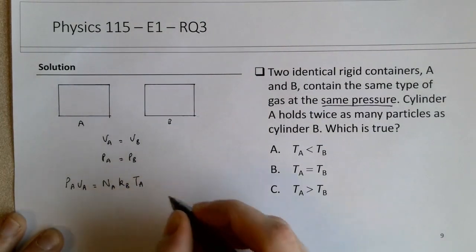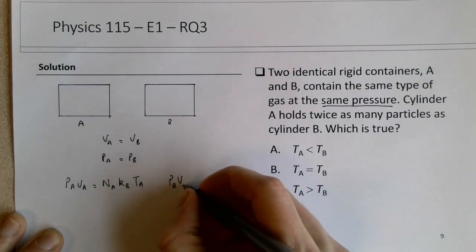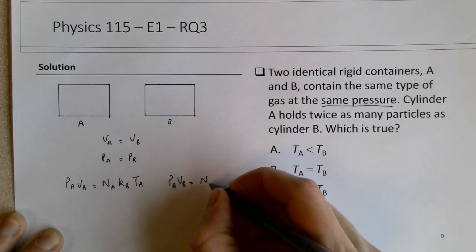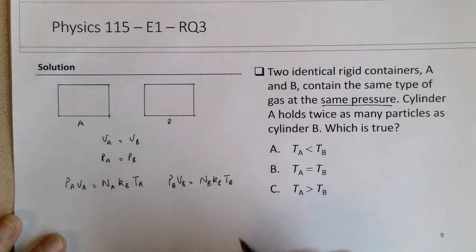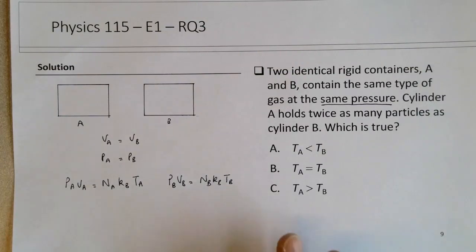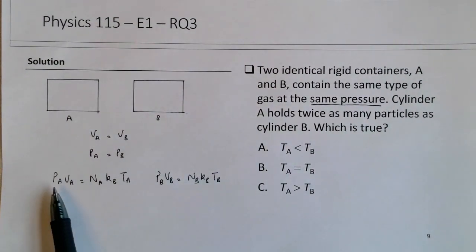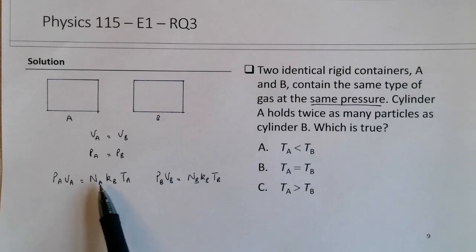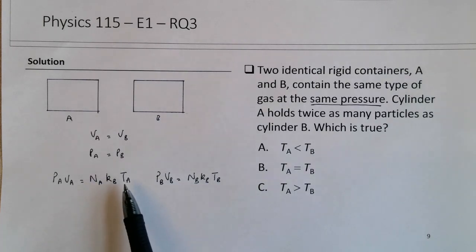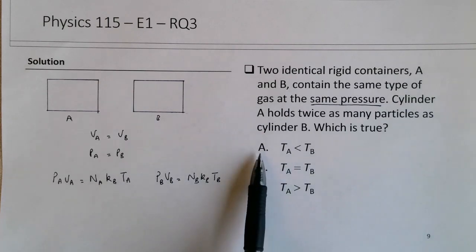Then the pressure of B times the volume of B is equal to NB KB, Boltzmann's constant, times TB. Doing this question somewhat quickly, we can see that the product PV is the same for both containers. So the one that has the biggest number of particles must have the smaller temperature. That would be a quick way to get to choice A, but just to do a little more detail.